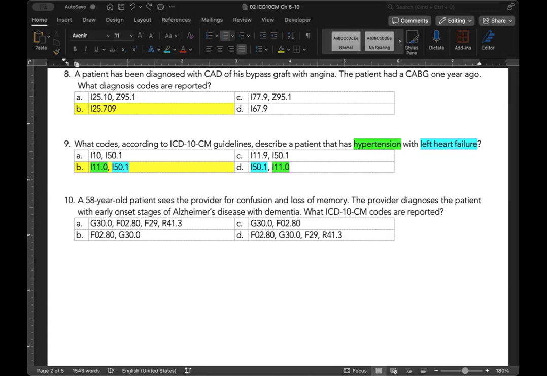So let's go to disease and then Alzheimer's. And then we'll go to early onset.